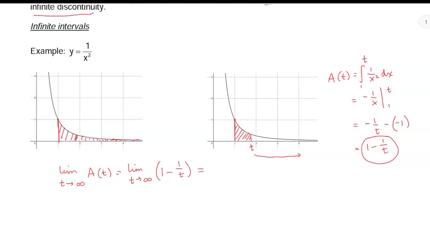Now, this is the spot where I do not want you to substitute infinity in for t. Do not literally put that infinity in for t. The value of that fraction as t goes to infinity will be 0, so the first number is 1. Actually, the area under that curve from 1 to infinity is approaching 1 as t is approaching infinity.